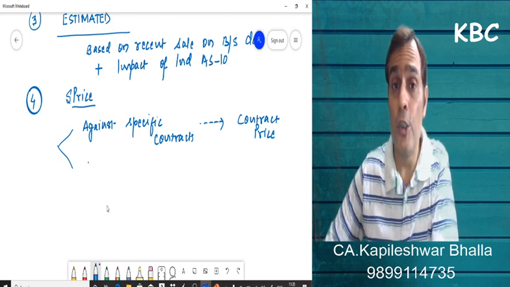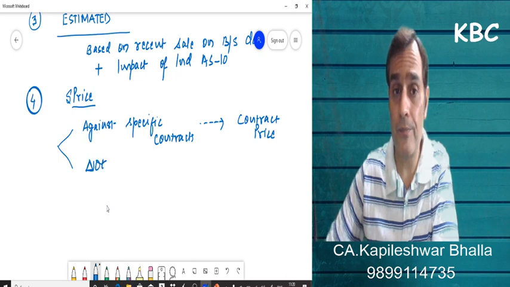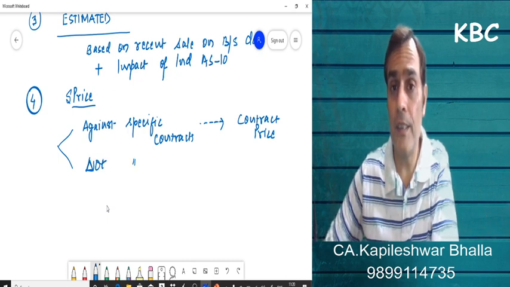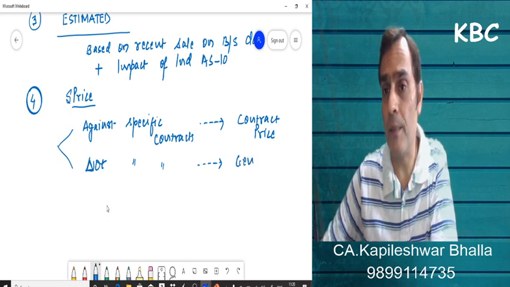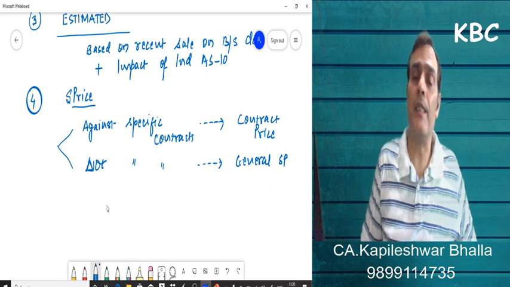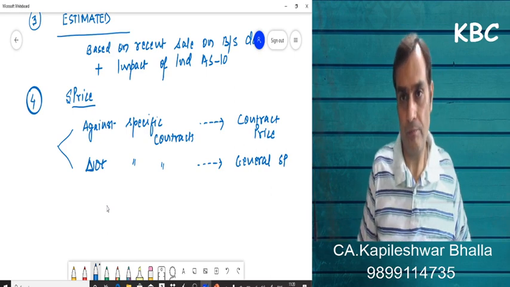And if it is not against specific contracts, then you would consider the general selling prices.